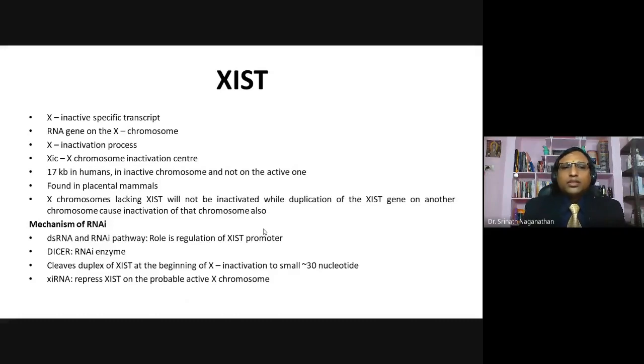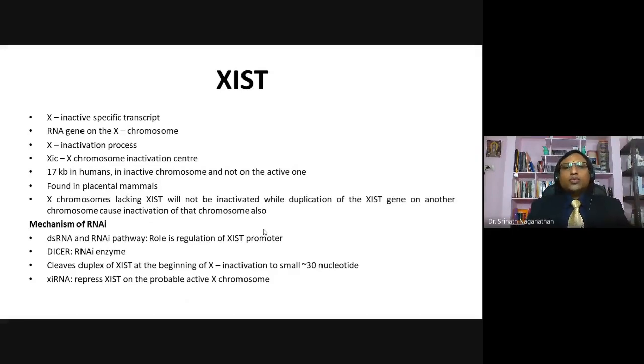Here, the 17 kb transcript in humans is present on the inactive chromosome and not on the active one. It is found in placental mammals. Placental mammals means that during reproduction, the placenta is developed. X chromosomes lacking XIST will not be inactivated, while duplication of the XIST gene on another chromosome causes inactivation of that chromosome also.